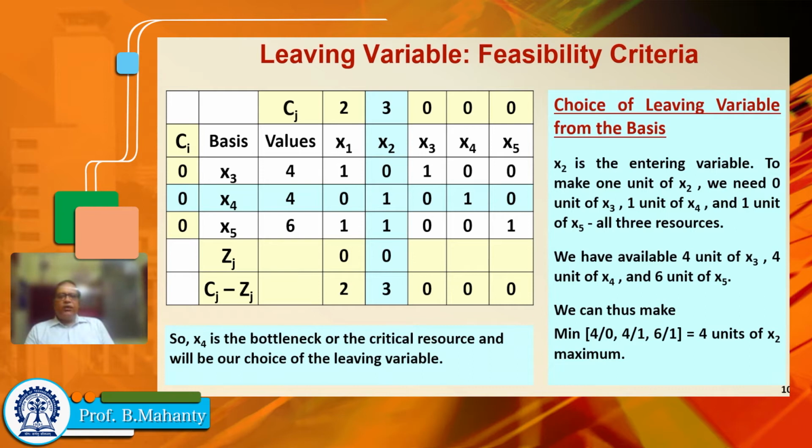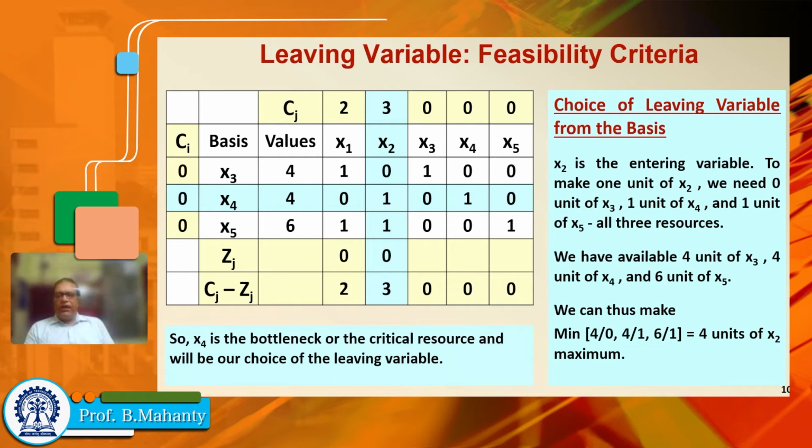We have available 4 units of x3, 4 units of x4 and 6 units of x5. So we can thus make a minimum of 4 by 0, 4 by 1 and 6 by 1, equal to 4 units of x2. That is, the maximum possible unit of x2 that we can make is only 4 units. So this is how we can calculate the feasibility. You can do the mathematics by simple divisions, or you can also try to understand it from the bottleneck resource point of view.